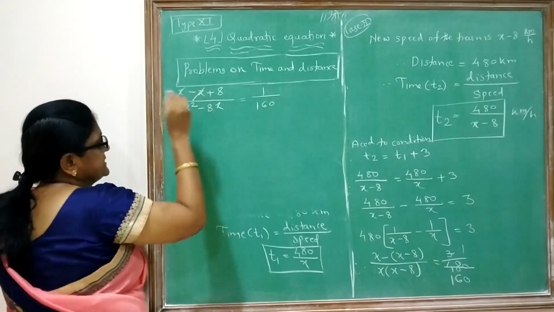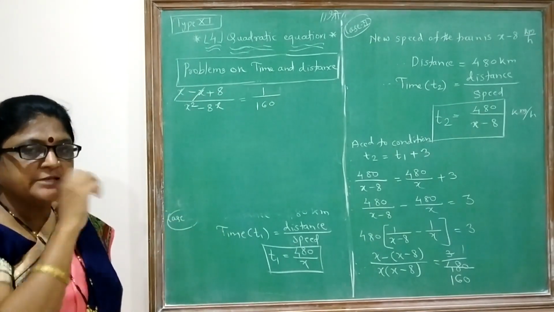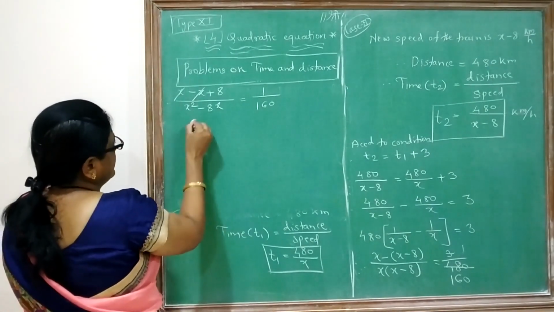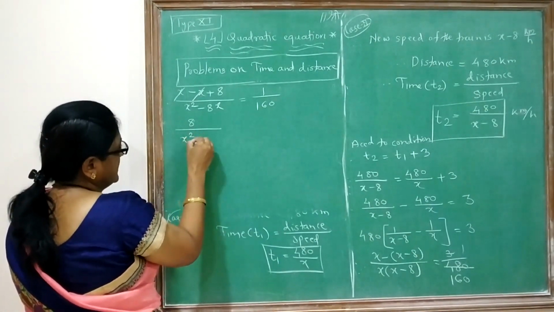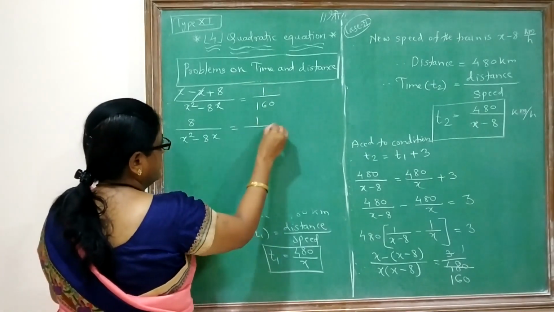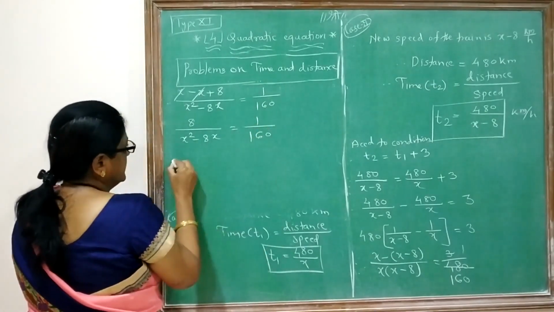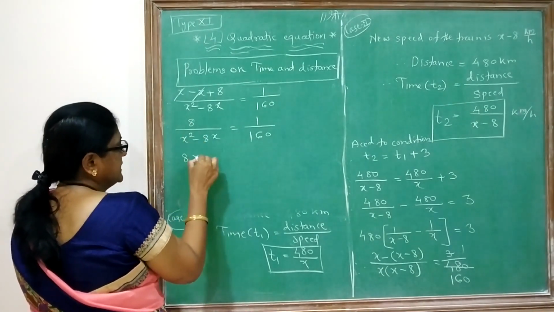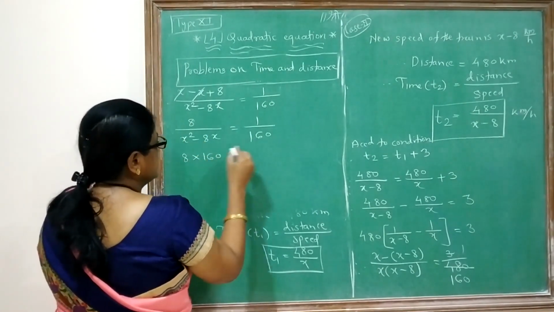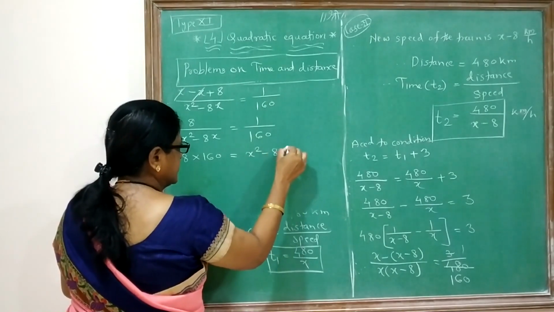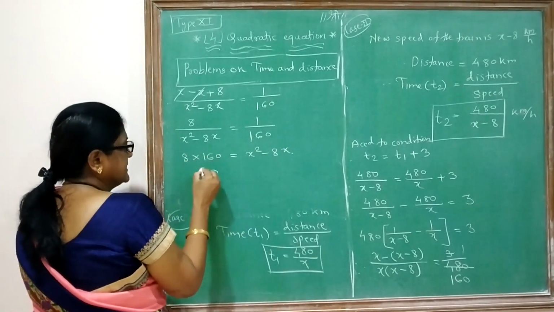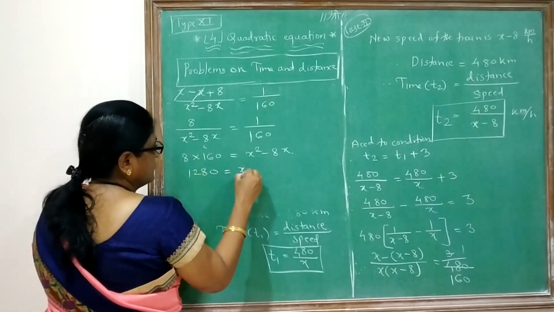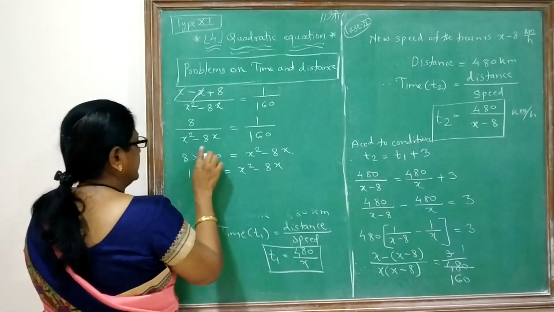Then this x will be cancelled because the opposite sign is taken and x x will be the same. Then here 8 upon x square minus 8x equal to 1 upon 160. And therefore this will be transferred to that side, that is 8 into 160 equal to x square minus 8x, then 8 sixes are 48, then 8 ones are 8, 1280 equal to x square minus 8x.